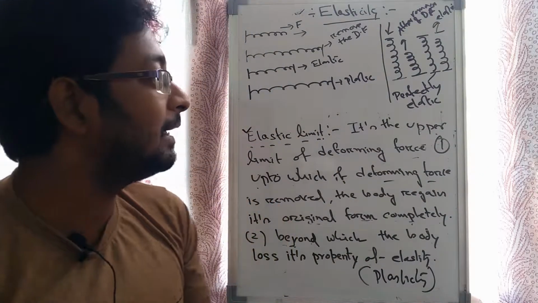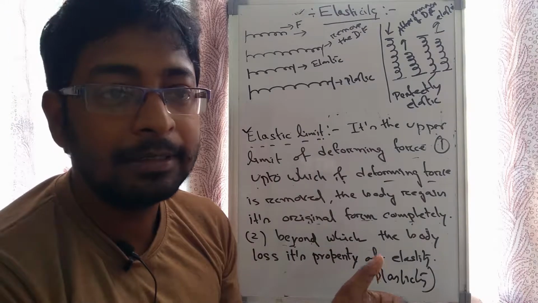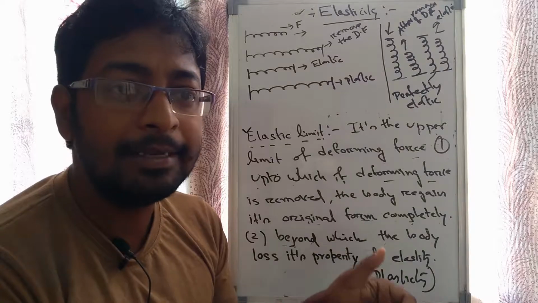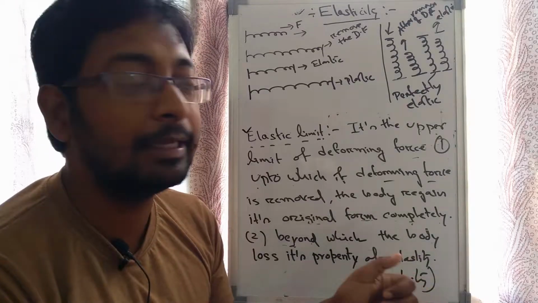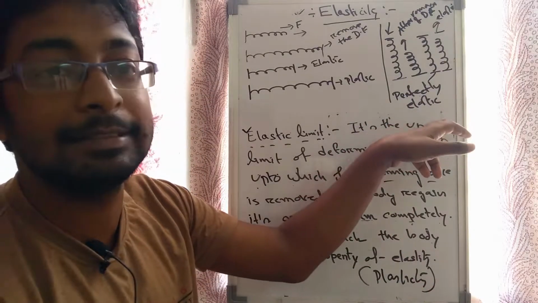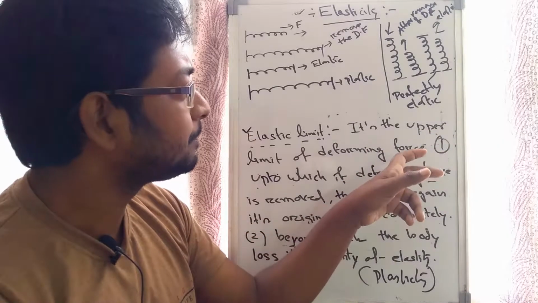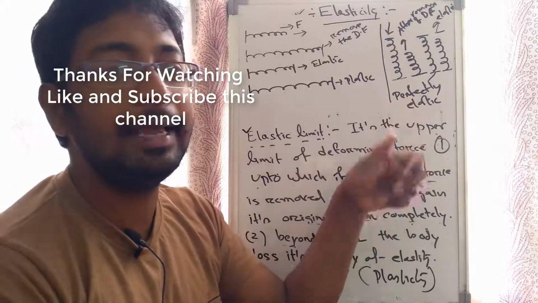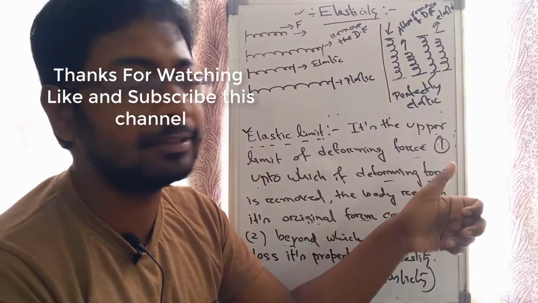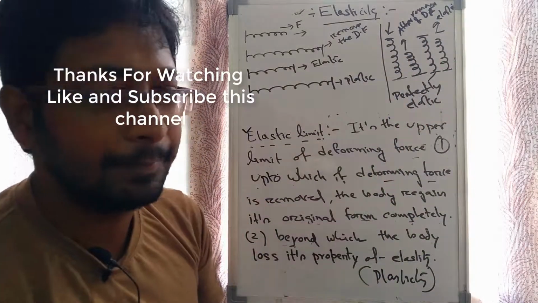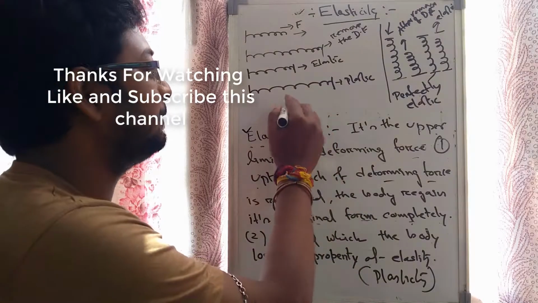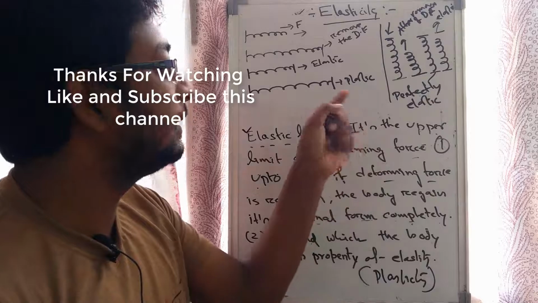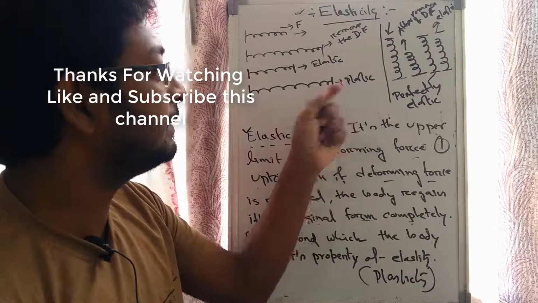One is that after removal of the deforming force, if the object exactly regains its earlier configuration, then we can say this is perfectly elastic. But if the object has a tendency to regain, but is unable to regain exactly its earlier configuration, then we can say this is elastic. And what is plastic? Plastic means the object loses its tendency to regain its original size. So we can say this is plastic.